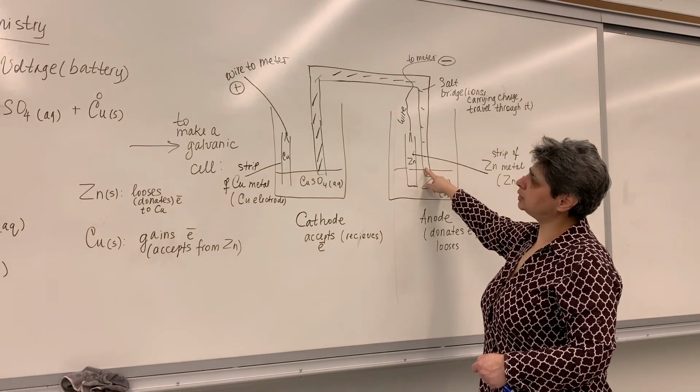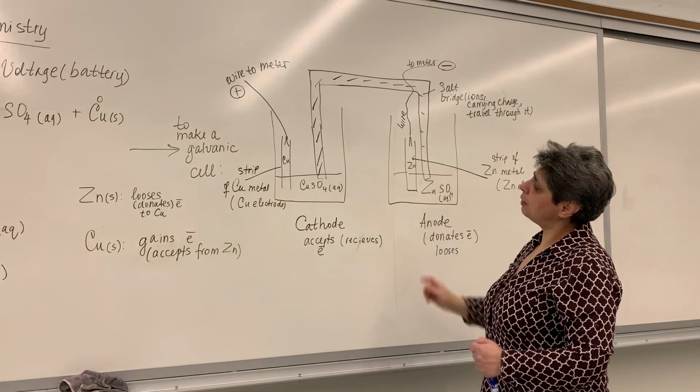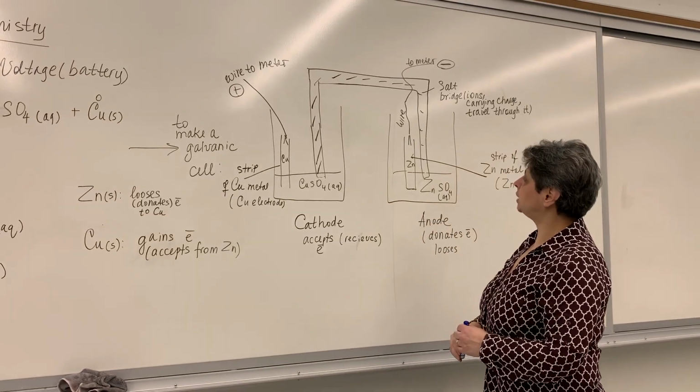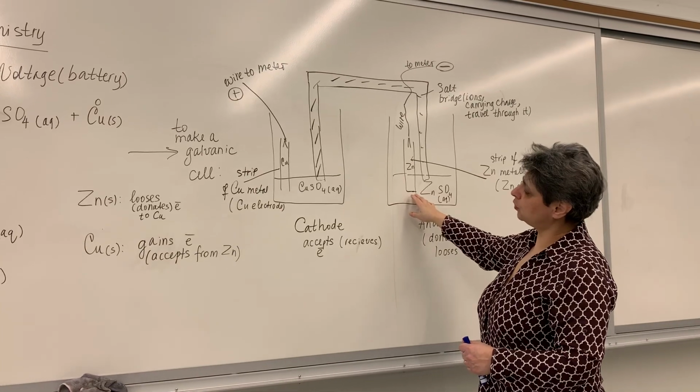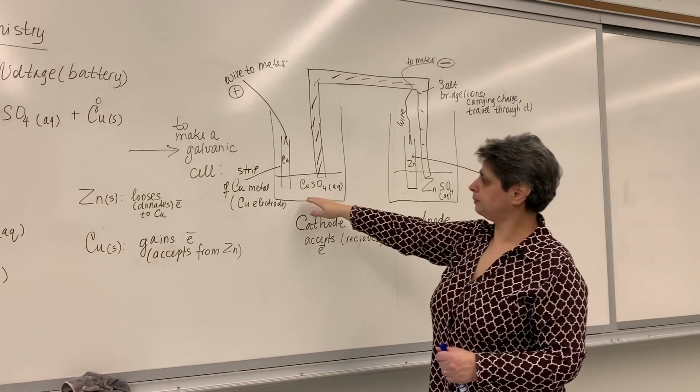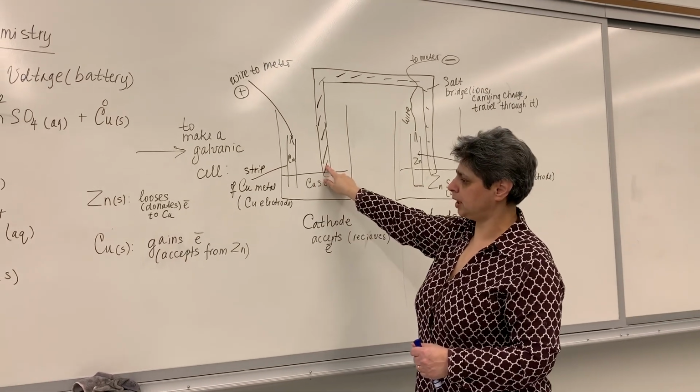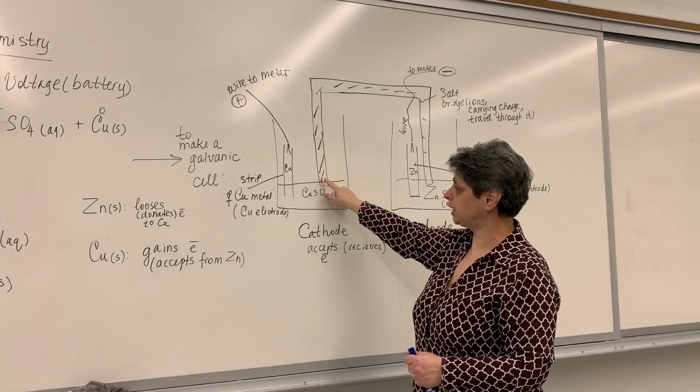I will tell you page numbers in a minute, but we're going to take a look at such a cell, and what we're going to see, of course, is that on the copper strip here, electron gain is going to occur.